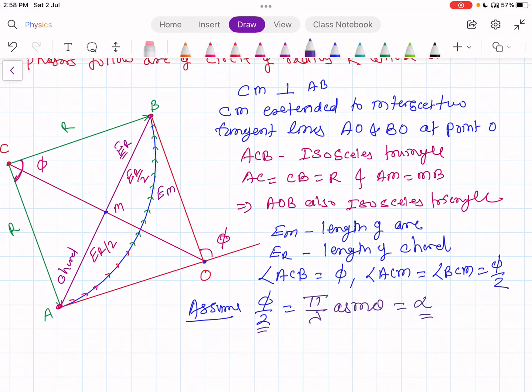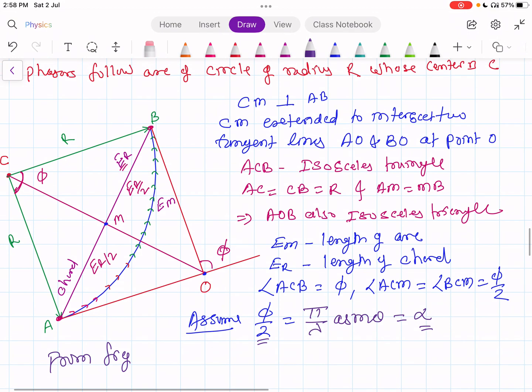Then from the figure, what would be sine phi by 2? As this total angle is phi, this one is phi by 2, and this is also phi by 2.